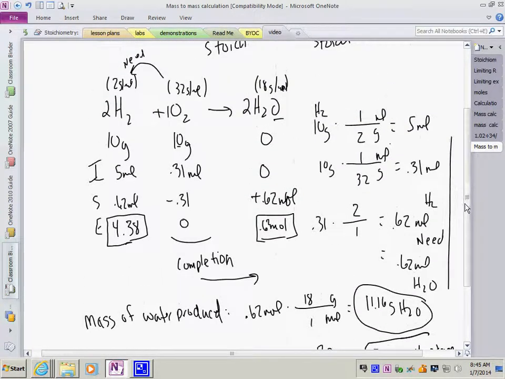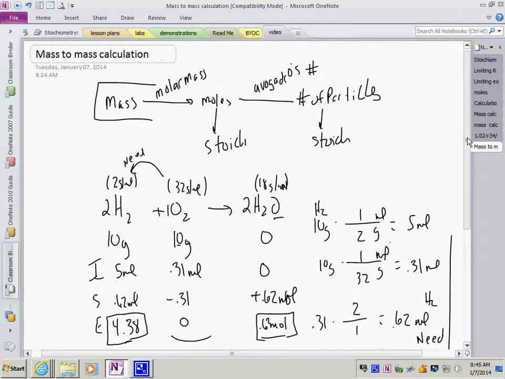If we wanted to go to number of particles, I would simply use Avogadro's number to do that.